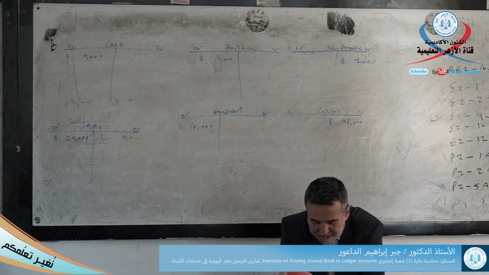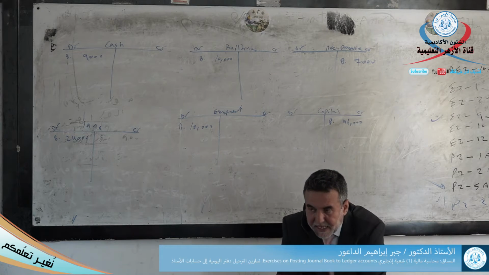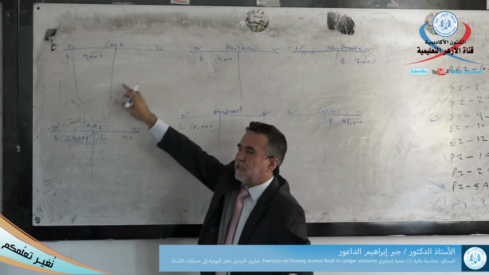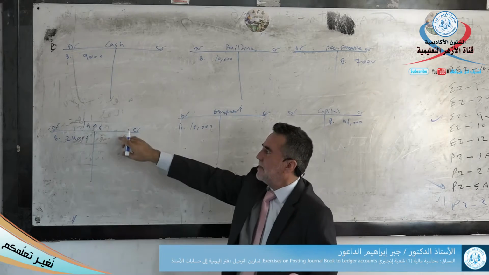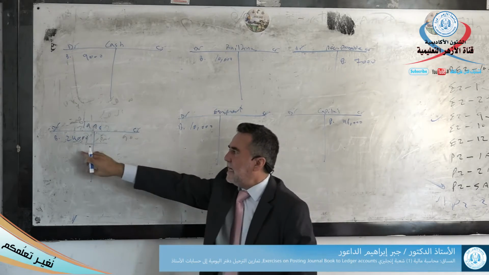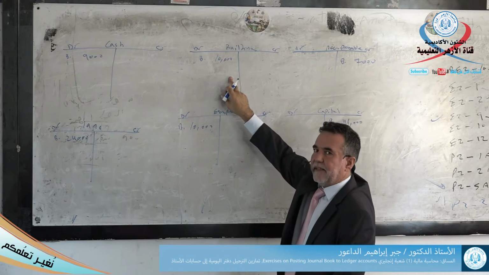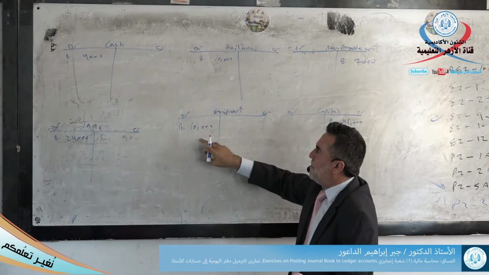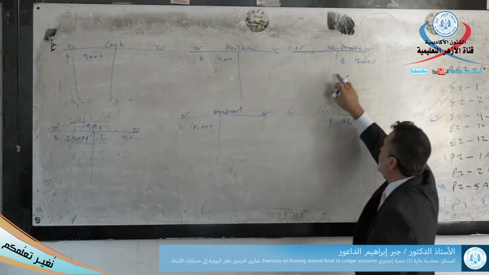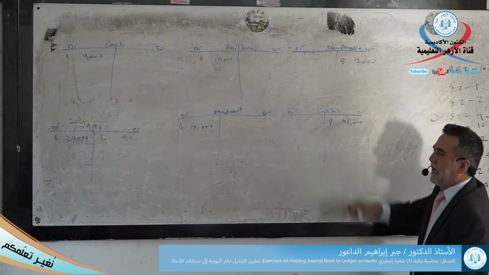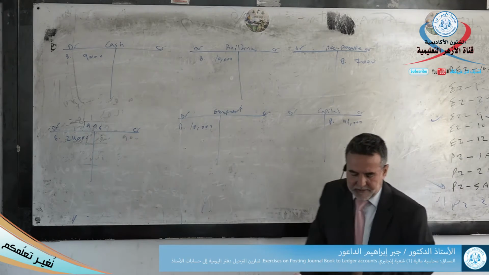Instruction number 1. Enter the beginning balances in the ledger. At the beginning balance, cash 9,000, ledger account, land 24,000, building 10,000, equipments 10,000, accounts payable 7,000, capital 46,000.